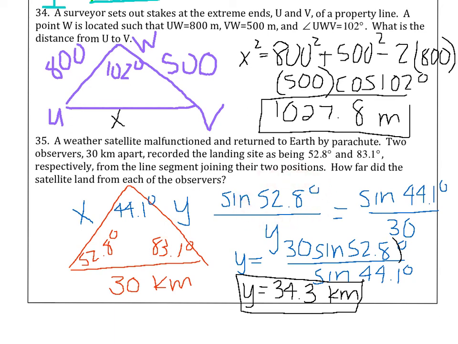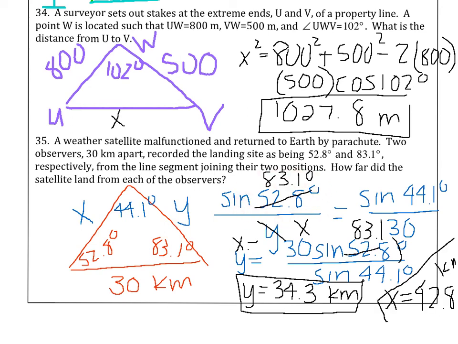So instead of rewriting everything, I just substituted 83.1 in where there was 52.8 and put x instead of y. And I end up getting x equals 42.8 kilometers, which if we just look at our sides, it makes sense that x should be the biggest side and that 30 should be the smallest side.